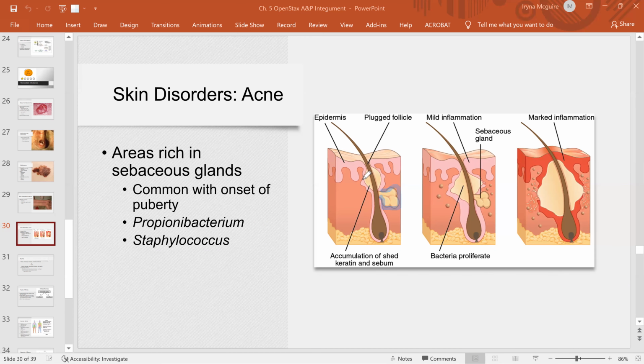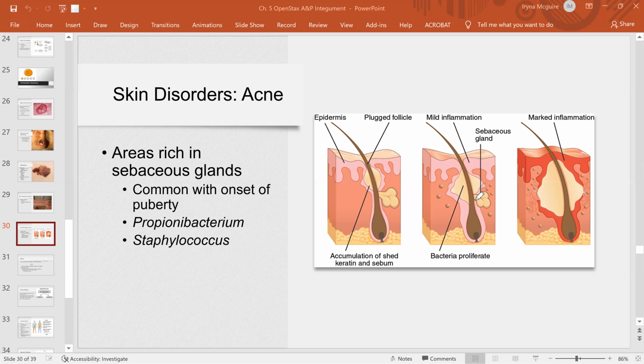So what can happen, we can have accumulation of keratin, and it will pretty much block the follicle, right? So here we have a blockage of the pore, and then bacteria will proliferate. It will proliferate because it has lots of oil here that is good food for bacteria. Now this oil should be deposited on the surface of the skin and lubricate it, preventing water from evaporation.